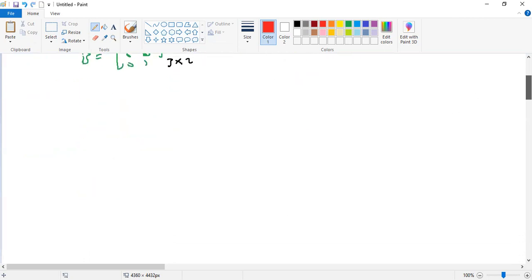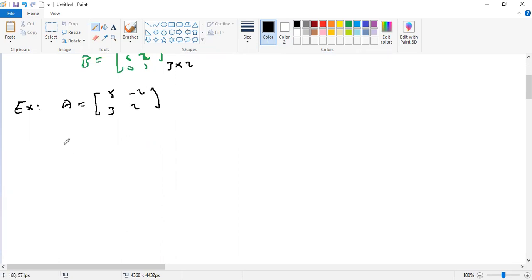Okay, another example. Let's say A is equal to 5, -2, and 3, 2. And I will multiply by matrix B. B is 4 and 6, and here I have 3, 7.